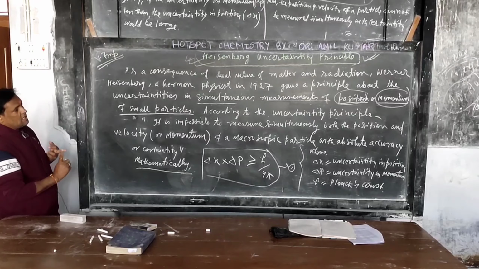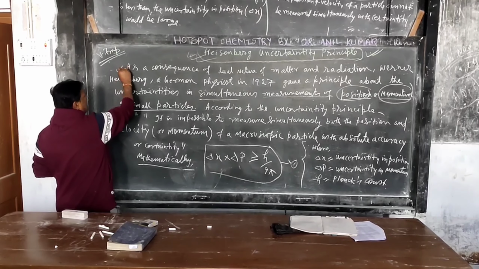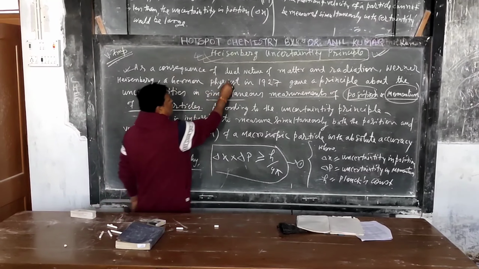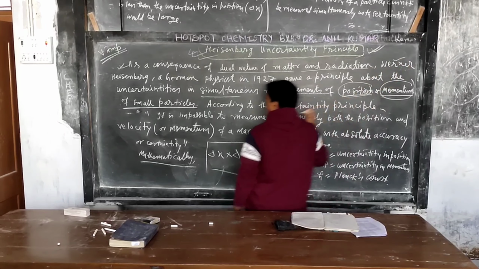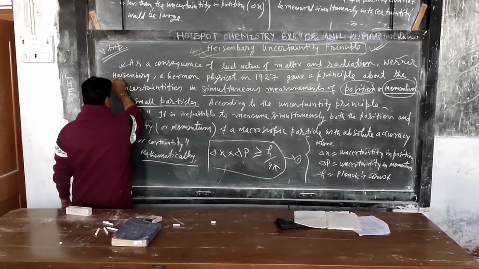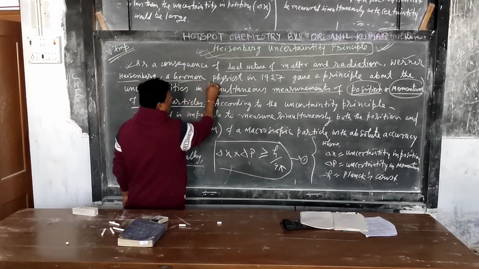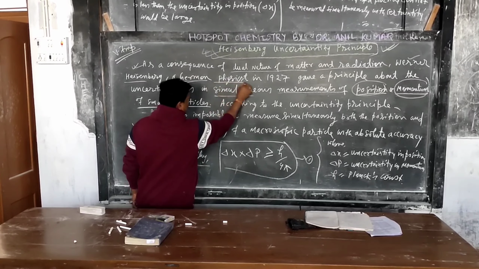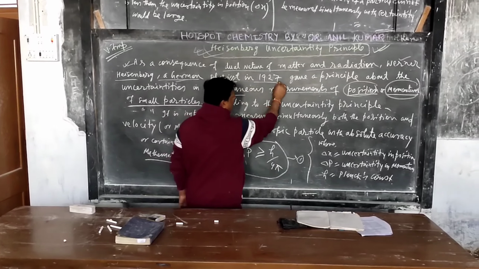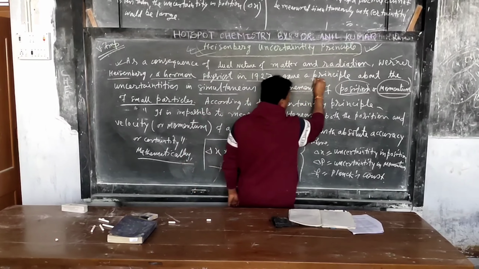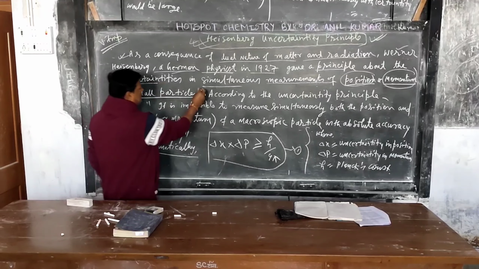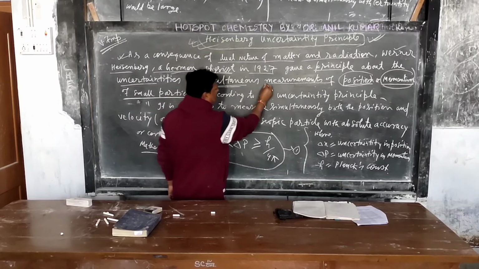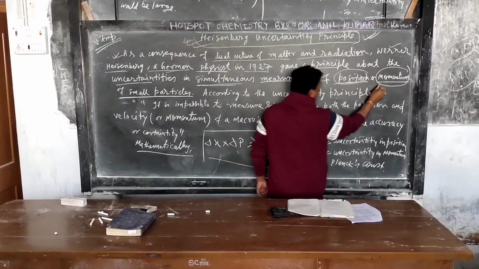The Heisenberg uncertainty principle indicates that, as a consequence of the dual nature of matter and radiation, Werner Heisenberg, a German physicist, in 1927 put forward a principle about the uncertainties in simultaneous measurements of position and momentum.